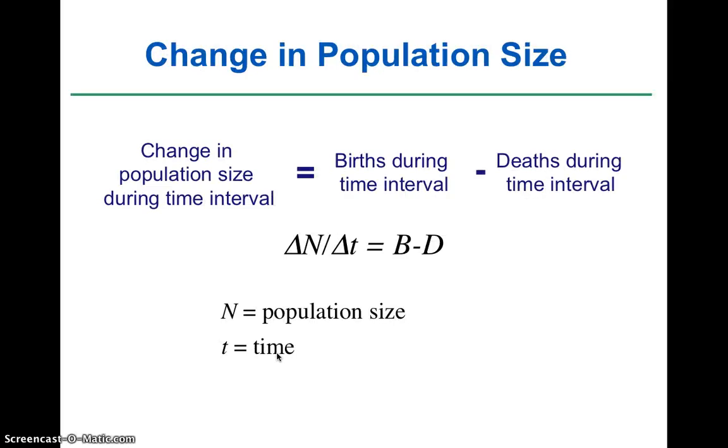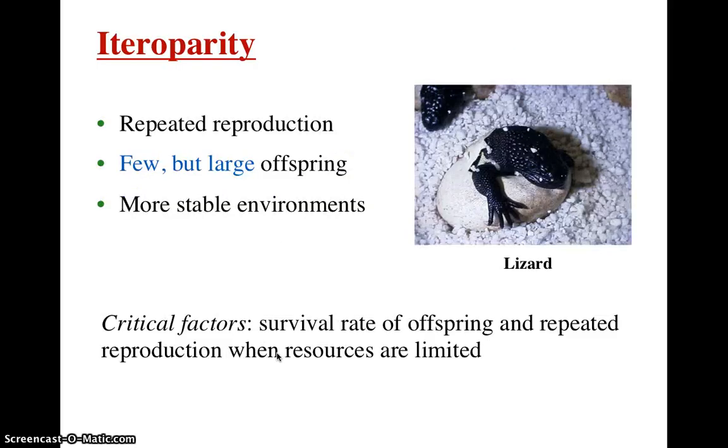This is the second one, iteroparity. This is talking about repeated reproduction. You have fewer offspring, but these offspring are often larger.